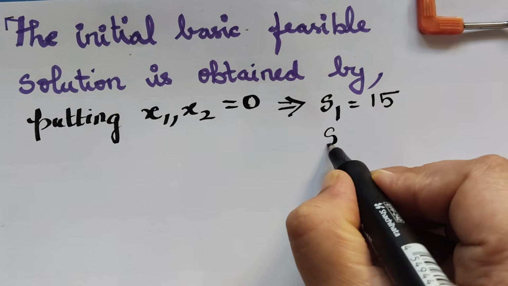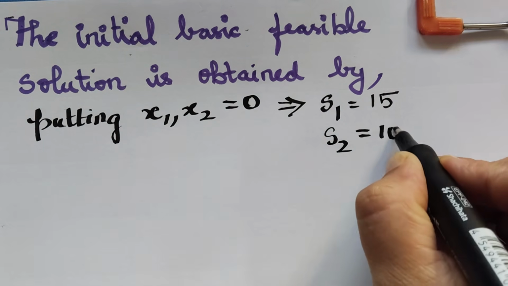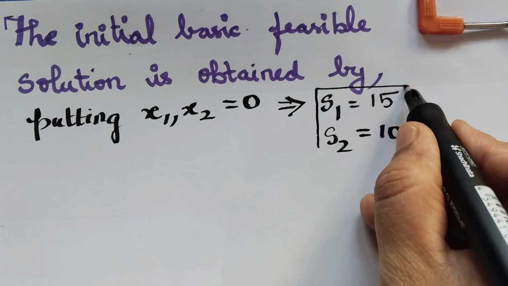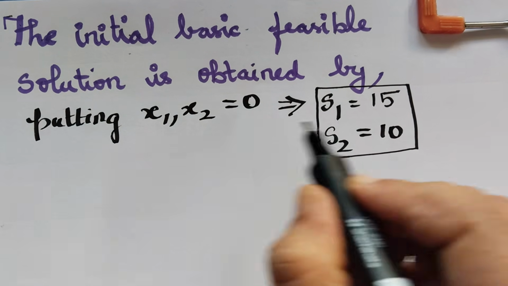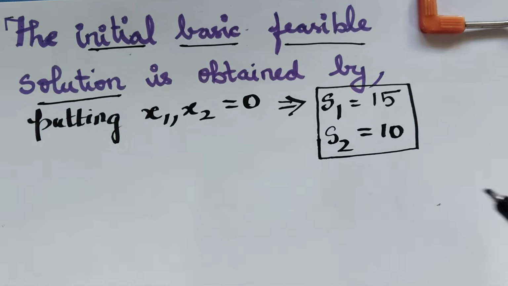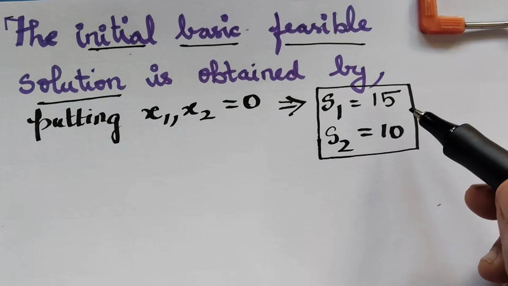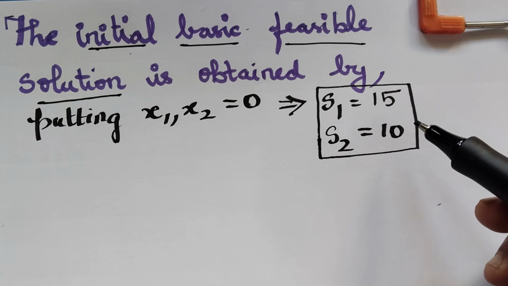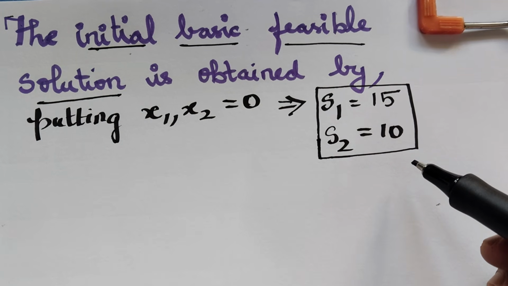So we obtain s2 is equal to 10. So these solutions give us the initial basic feasible solution to the problem. So having this initial basic feasible solution, we have to do the initial iteration.